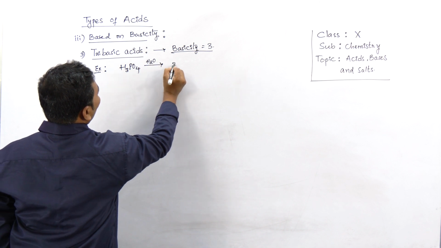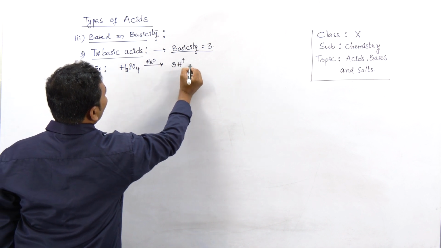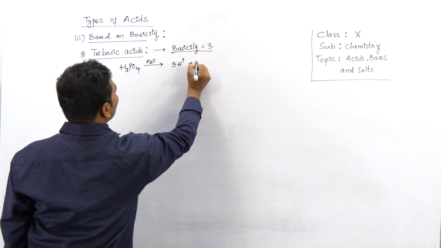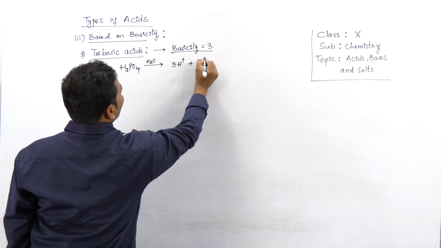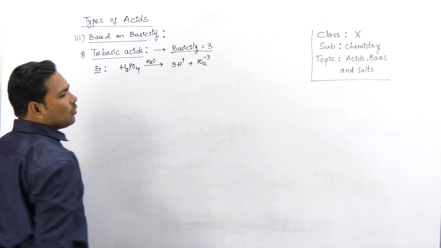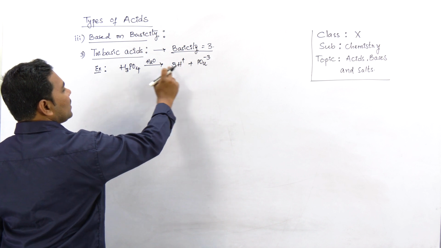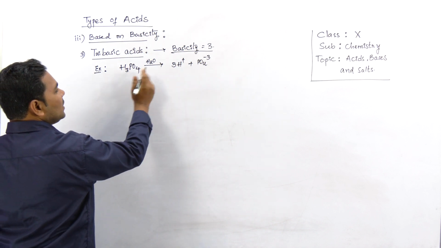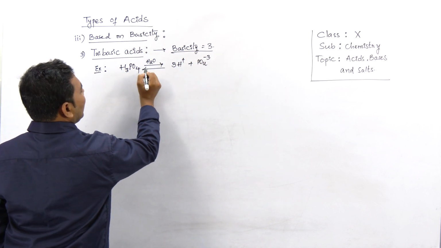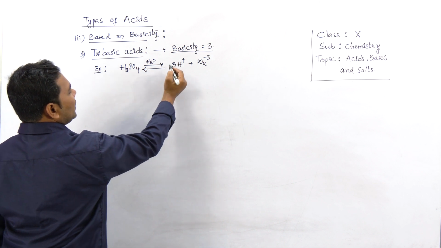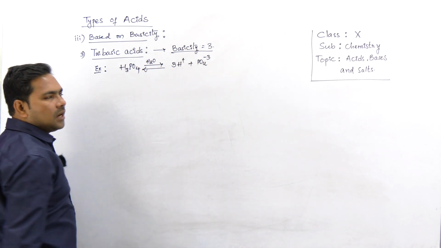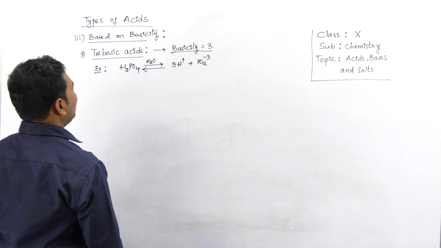When added to water, one molecule is able to produce 3 H plus ions and a phosphate ion, PO4 minus 3. The phosphate ion combines with hydrogens to produce phosphoric acid. And when it is added to water, it also ionizes, producing hydrogen ions and phosphate ions.